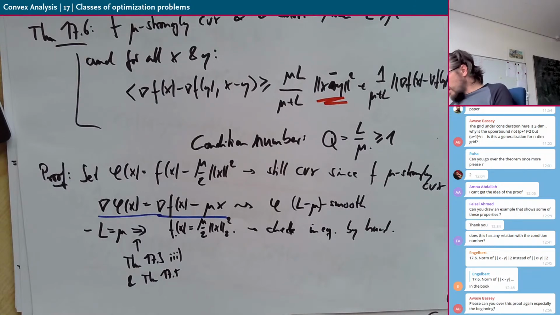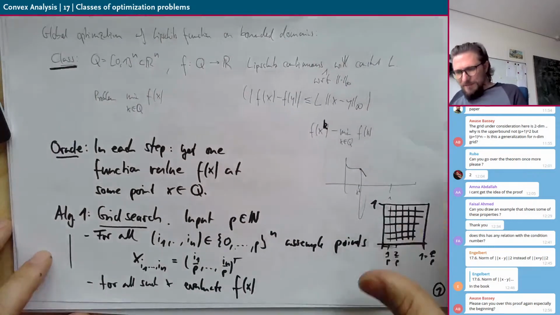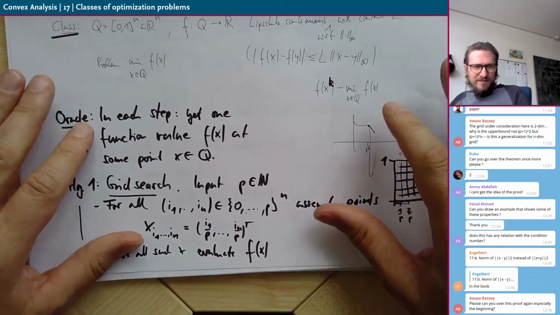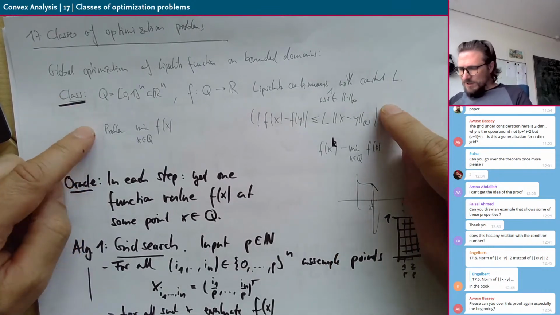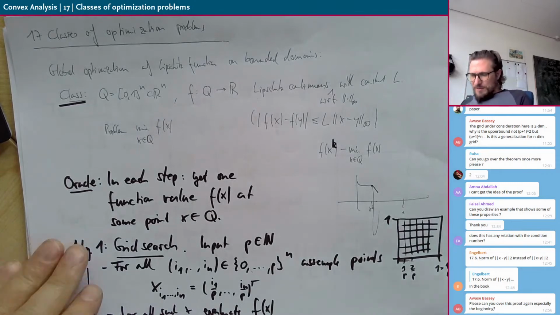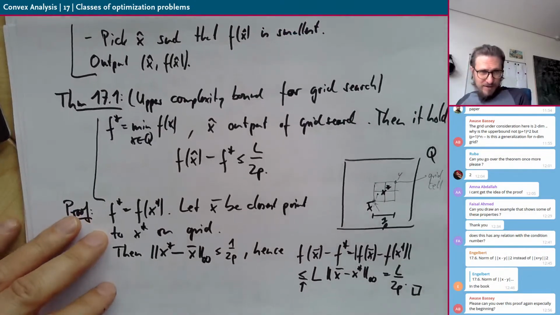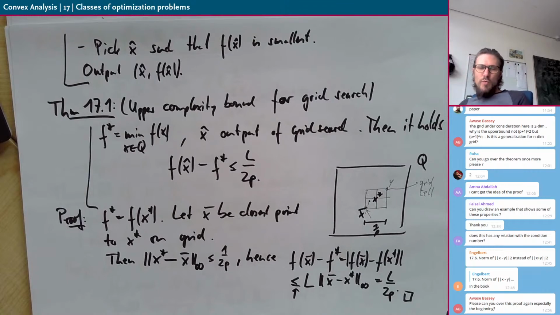The first part, the aim was to introduce you to the idea of upper and lower complexity bounds. In the upper and lower complexity bounds we fix a class of problems like that one here, and then first we try to find an upper complexity bound by giving an algorithm which gives an approximate solution of desired quality in a guaranteed amount of time, measured by queries to our oracle.